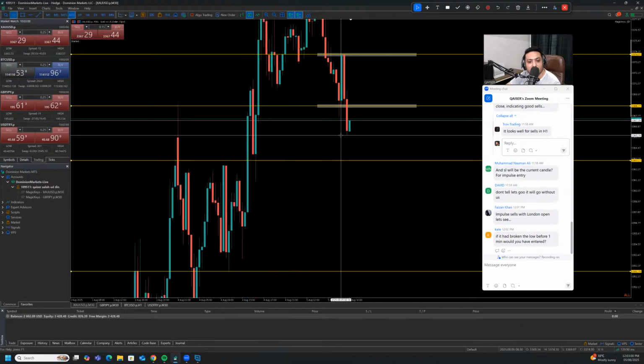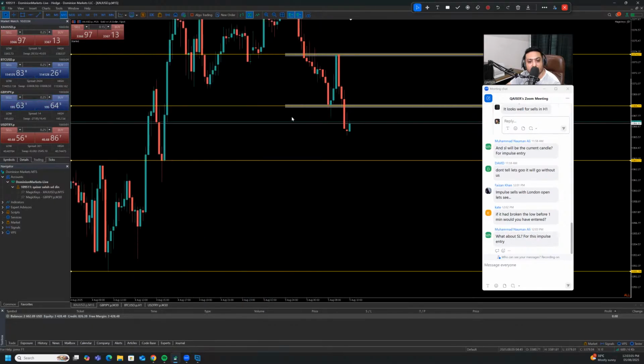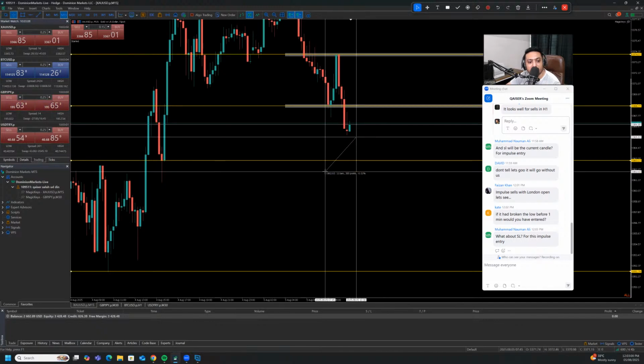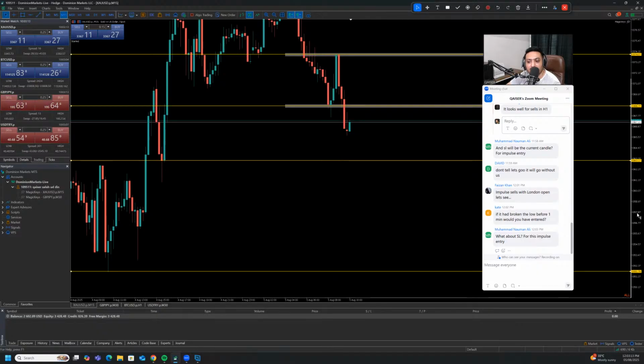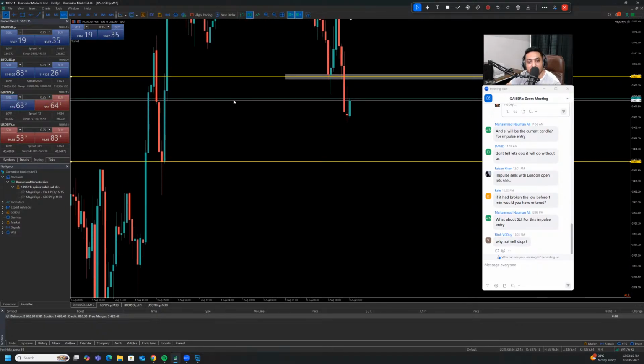On M30 we have this range. On M15, if it breaks below this area, it could be an impulse entry, and we enter into London Open expecting volume here. But the way it's moving, it's not showing any good volume.